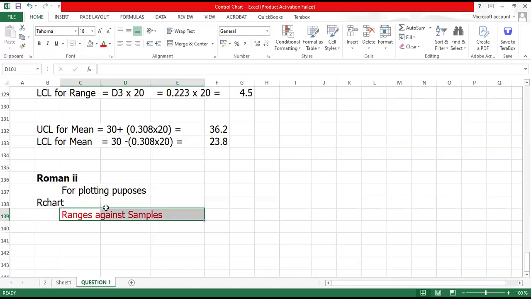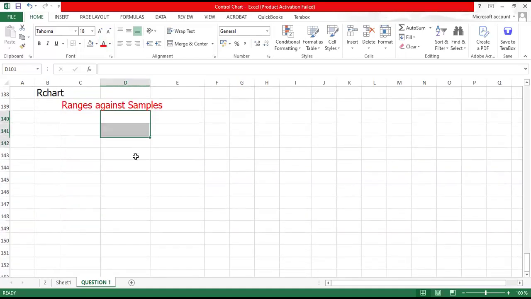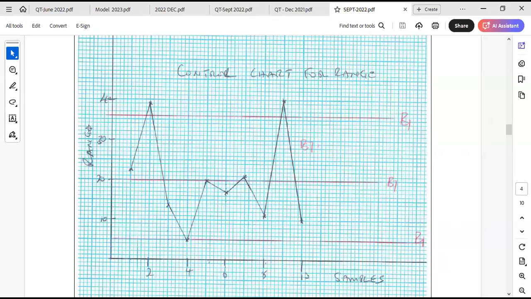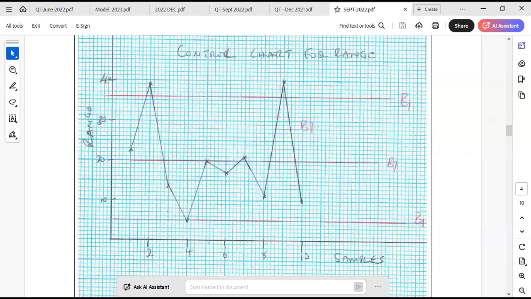You'll be plotting range values against what? Samples. So on the vertical axis, you'll be having range. On the horizontal axis, you'll be having samples. You have 5 samples, isn't it?